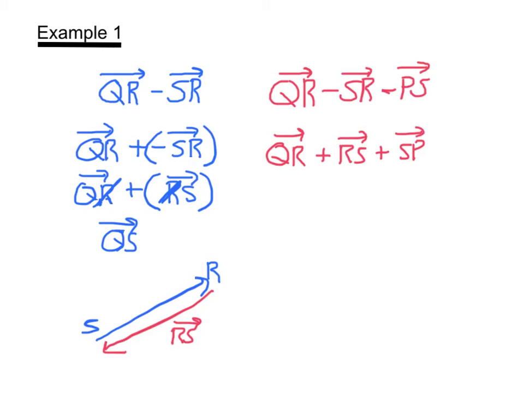I'm adding the negative of vector PS here. And notice how I have R and R here. They're going to sort of cancel out, and letter S and letter S here, they're going to cancel out. And again, I'm going to be left with the two letters on the very ends, and that's my answer, vector QP.